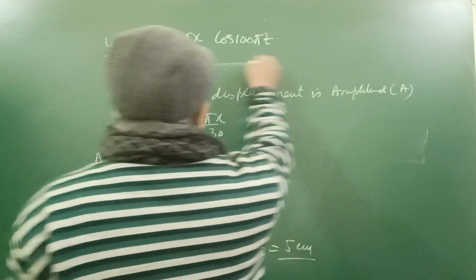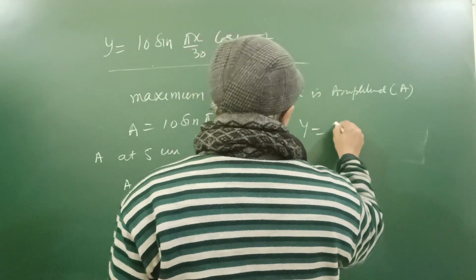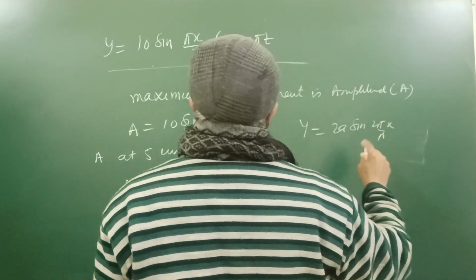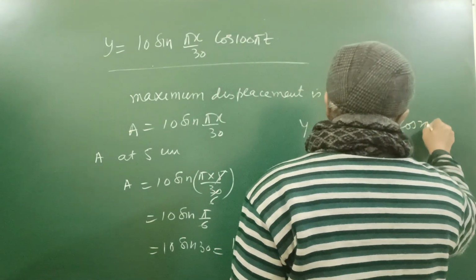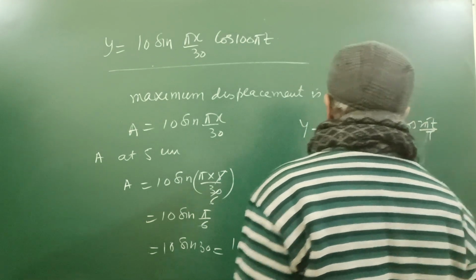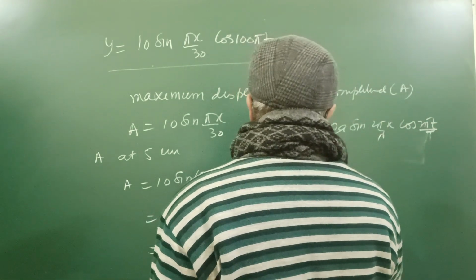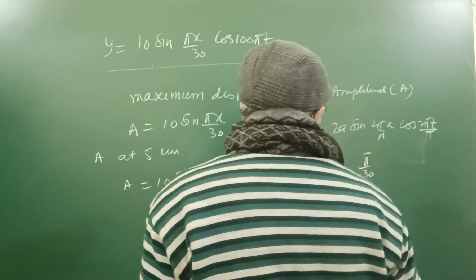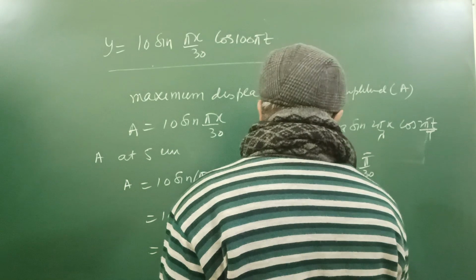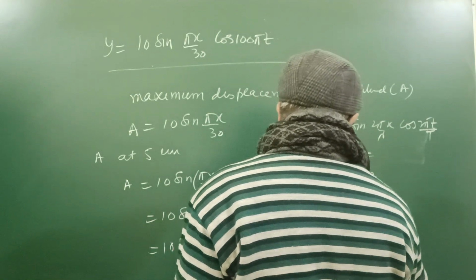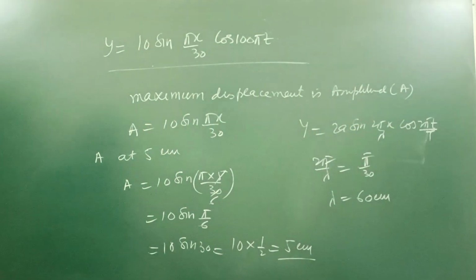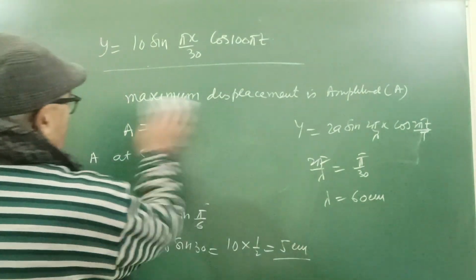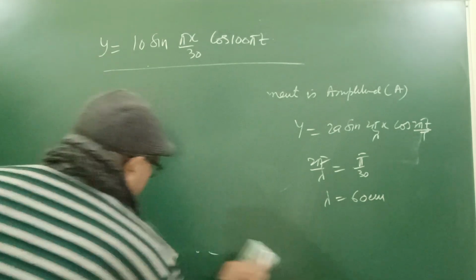So comparing with y equal to 2a sin 2 pi x upon lambda cos 2 pi t, we get 2 pi upon lambda is equal to pi by 30. Cancel, so lambda is equal to 60 centimeter.